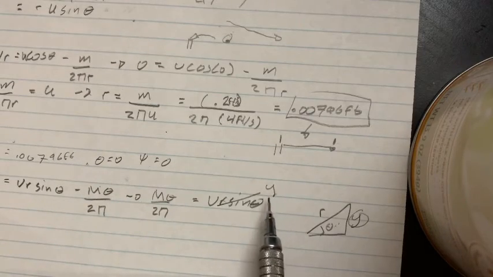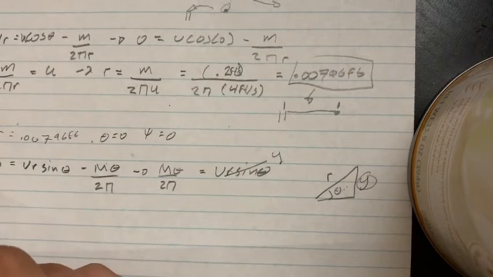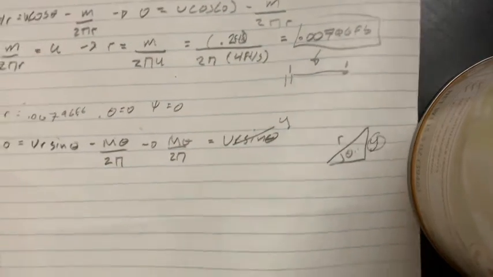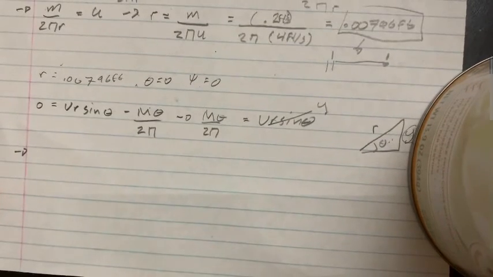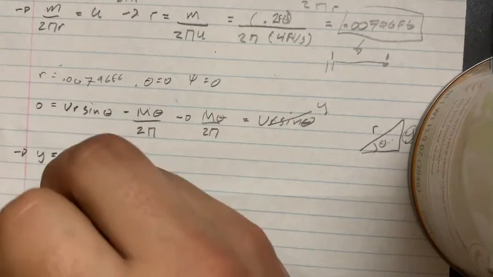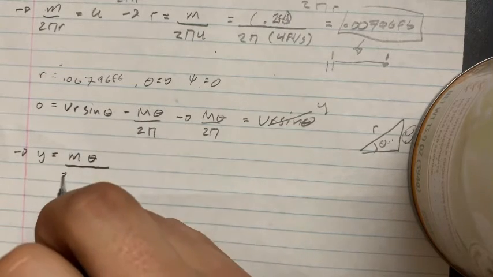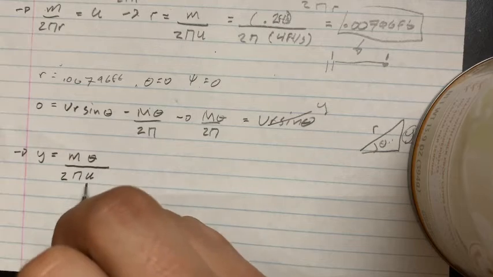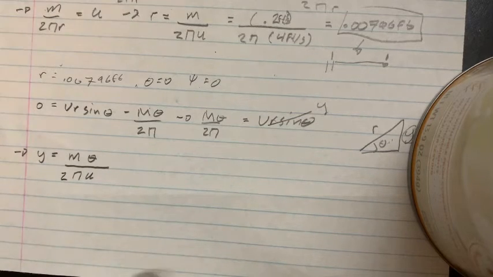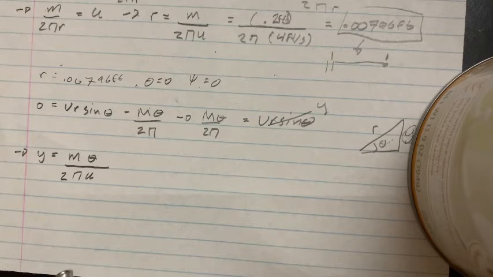And now this is very important because when you realize this, you can then get the final equation here, y equals m theta over 2 pi u. So now this here, this is the equation of the stagnation streamline.